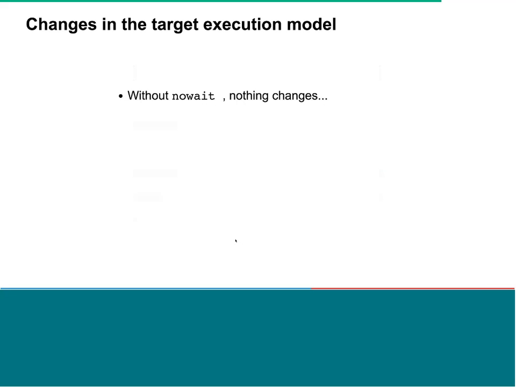So if you don't add the nowait clause to a target construct, absolutely nothing changes. The task is executed immediately, and in line with everything else, it's just a mechanism that allows dependencies to be expressed between asynchronous tasks on the host and asynchronous tasks on the device.